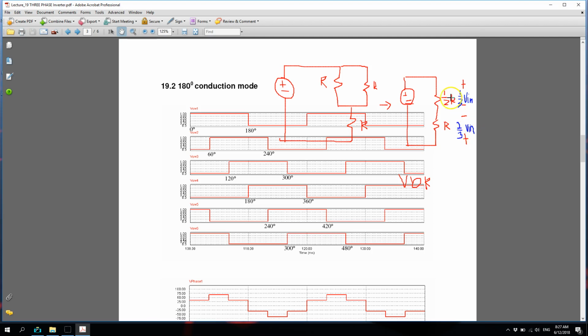I'm not going to go into detail on how to do that VDR, so I hope you do it yourself. Try to get the voltage across. It will be 1/3 of V in, and that will be 2/3 of the V in.